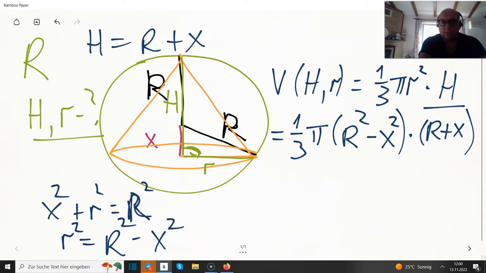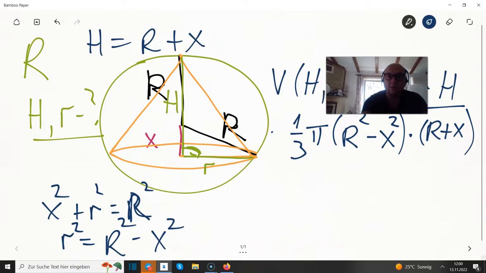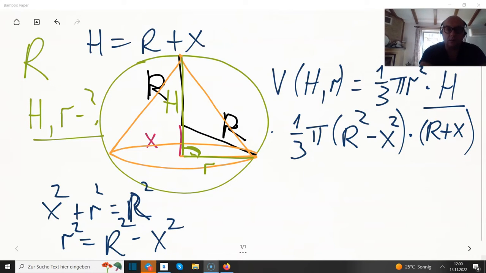Would it help us? Well, it is already very good what we've done because I'm discovering a new formula which is only dependent on x as a variable and not on small r nor on h anymore, which is great.